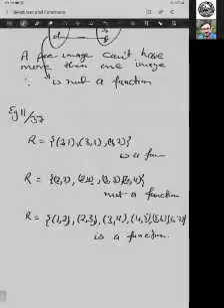See, every function is a relation. Every function is a relation, but every relation is not a function. See, it is a relation, but it is not a function.